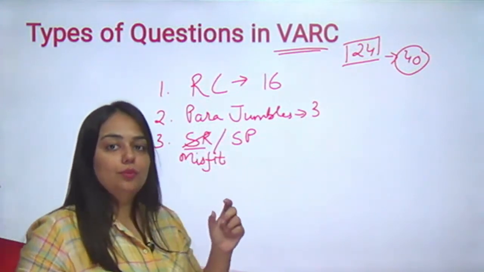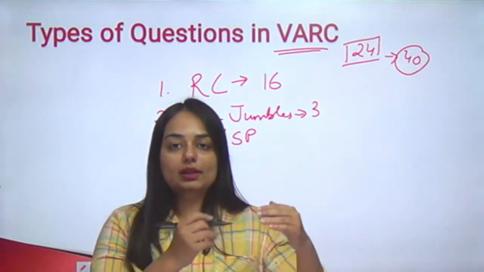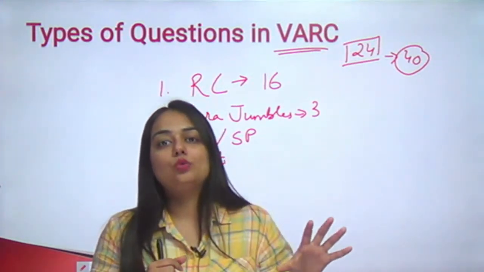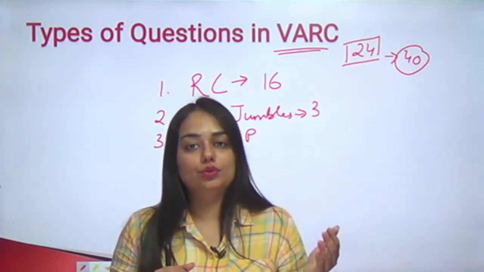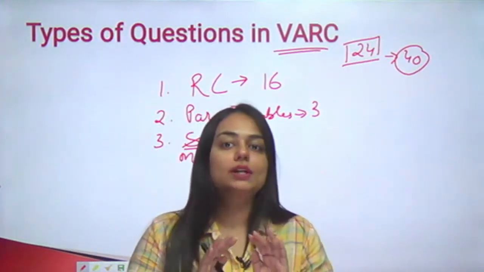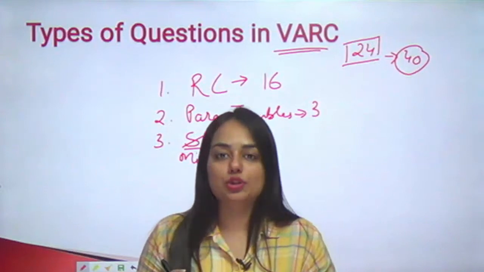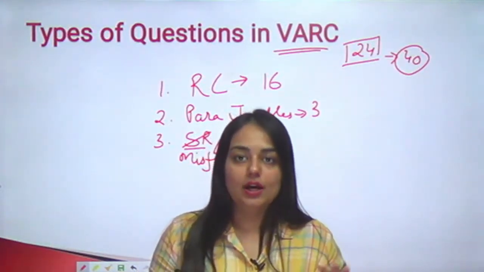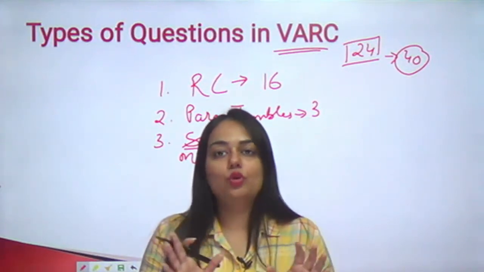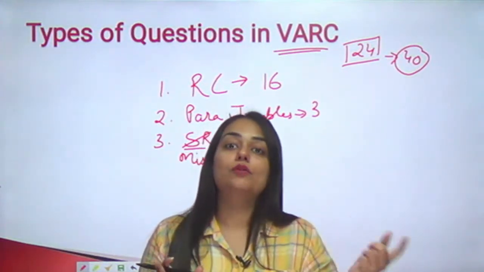Okay. So before last year, you used to get jumbled sentences. You had to read them all, make a coherent story out of it after arranging them into the right order, and then you were supposed to find out one option which doesn't gel well with the rest of the options. And if you remove that sentence, the sense of the whole passage won't be distorted. This was before last year.